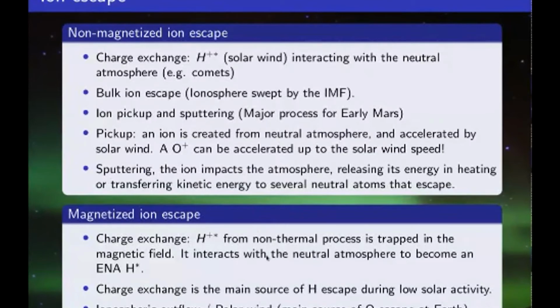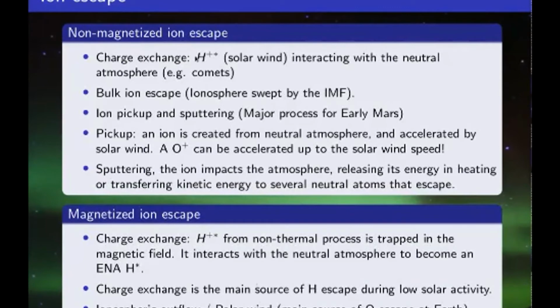But no, we have processes like the polar wind that lead to the main source of oxygen escape at Earth, and that is really enabled by a magnetic field. Then we have also processes of charge exchange that help escaping ions that are trapped in a magnetic field.